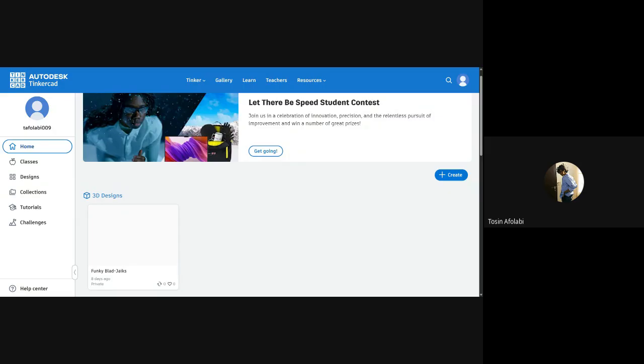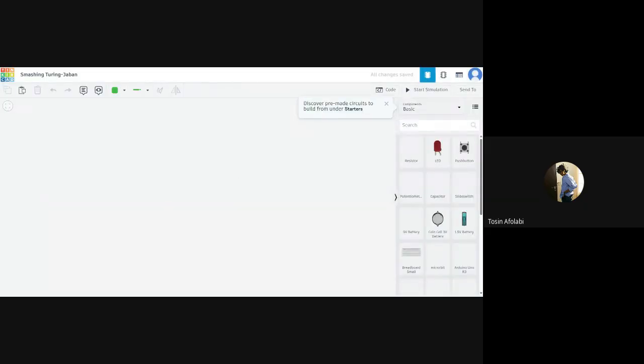Now, let's see, load. Okay, so I'm going to start by reducing the file of whatever this is.